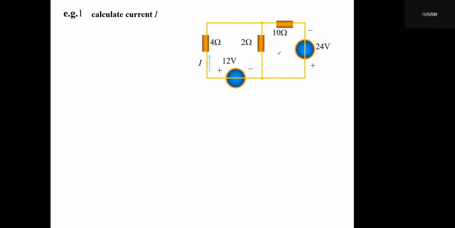So let's take an example. We would like to know the value of this current I. From the knowledge we have learned, we can use the node voltage method to calculate it directly. But instead of that, we don't want to do that.